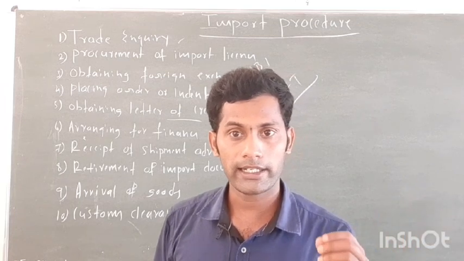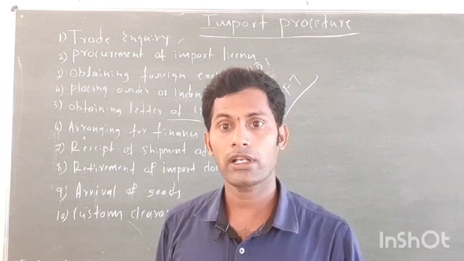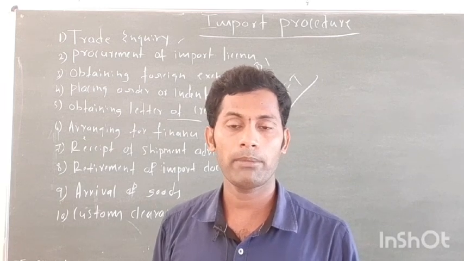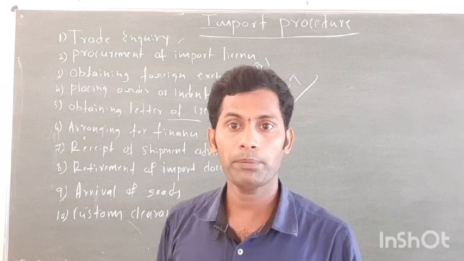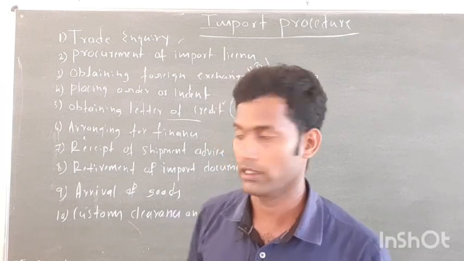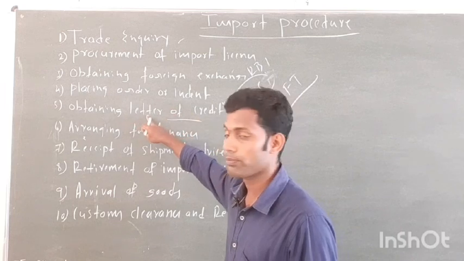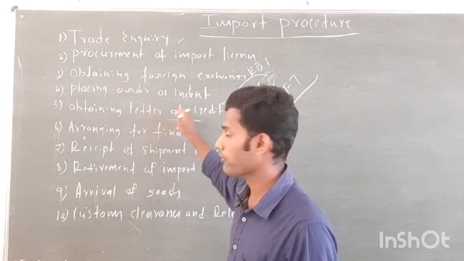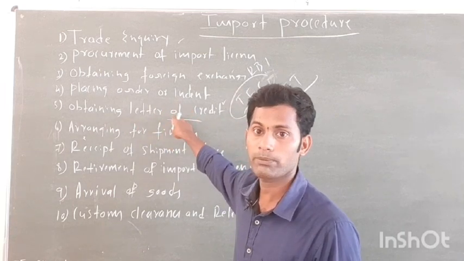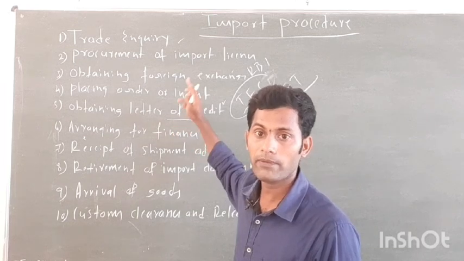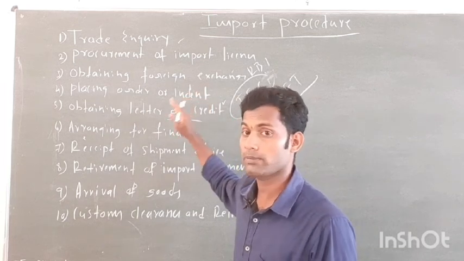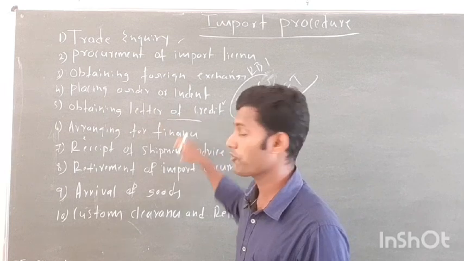As I said, letter of credit is the guarantee for the payment of the importer to the exporter. So, fifth one, obtaining or collecting letter of credit from the importer's bank, then handing it over to the exporter's bank or to the exporter.